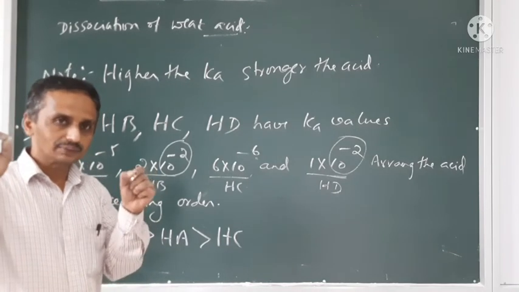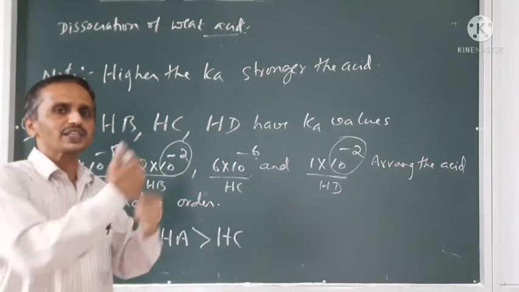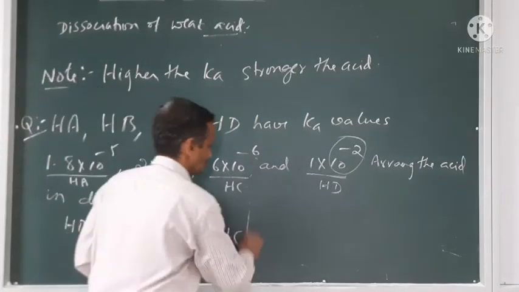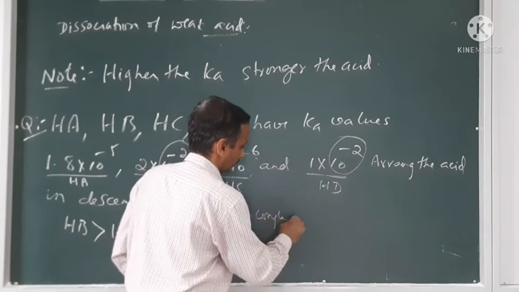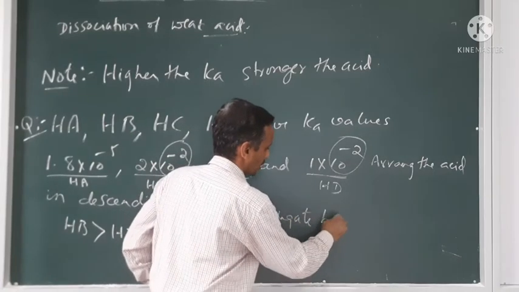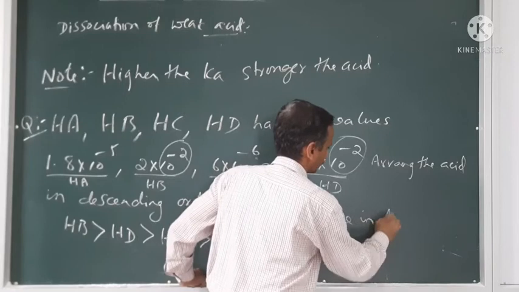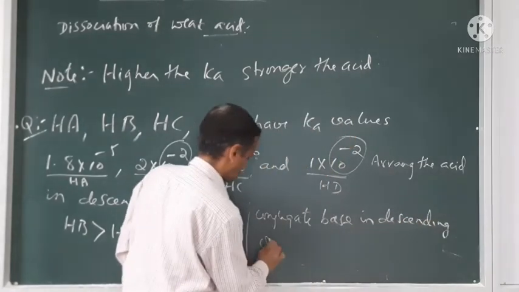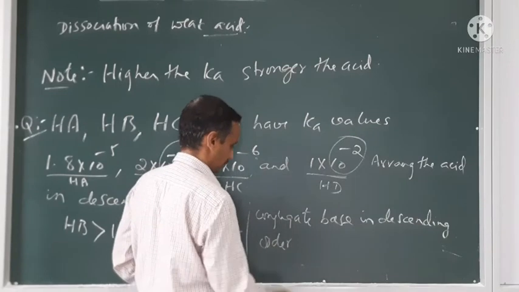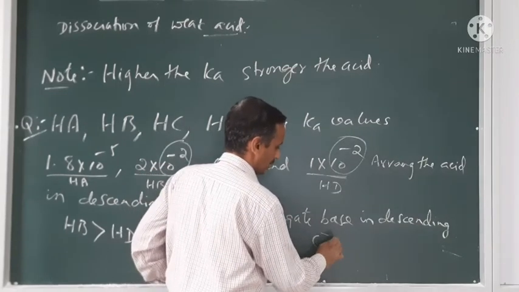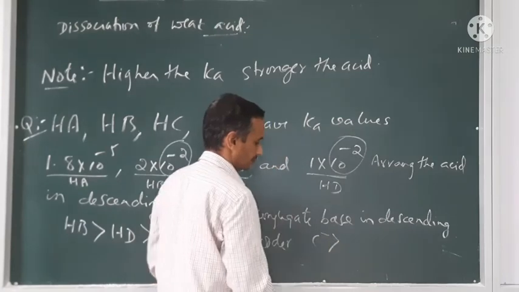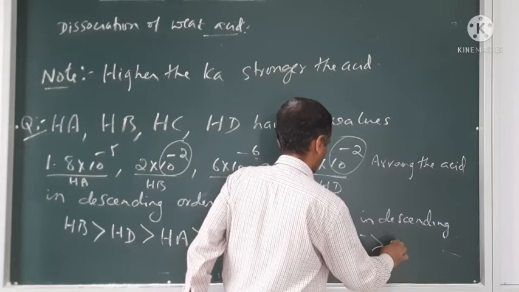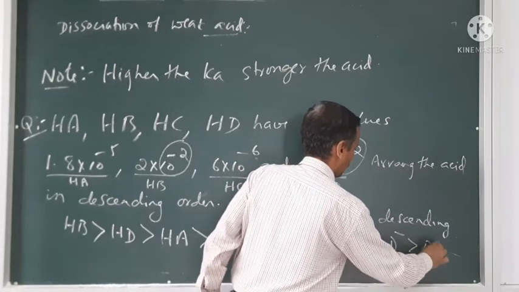Now, if they ask, arrange the conjugate bases of these in descending order, then C minus is greater than A minus, greater than D minus, greater than B minus.